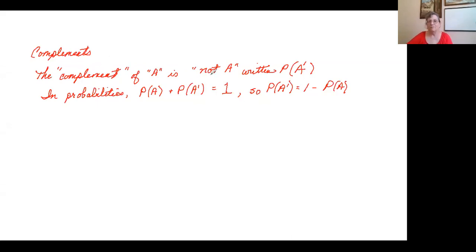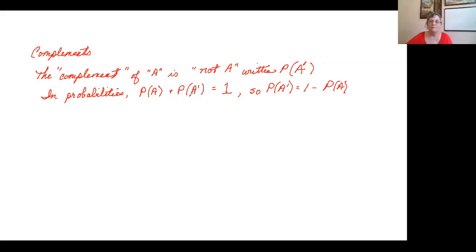or the other. So the notation they use for the probability of not A is the probability of A with the little dash up here. We read this probability of not A. Since something has to either be A or not A, the probability that it's A plus the probability that it's not A is always going to add up to 1.